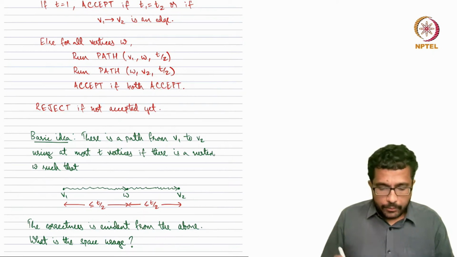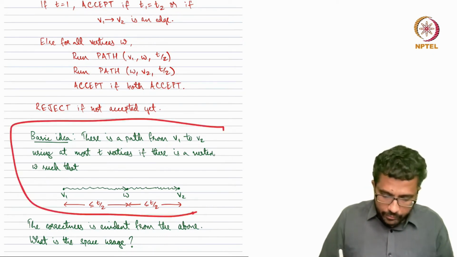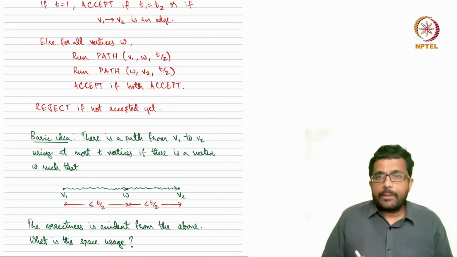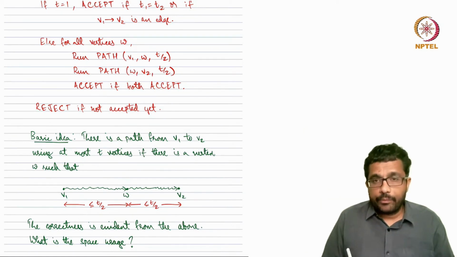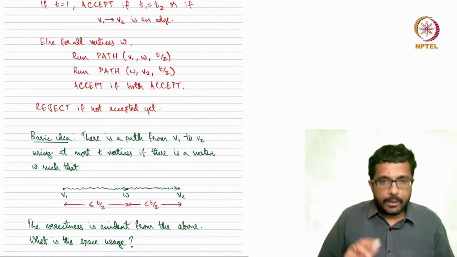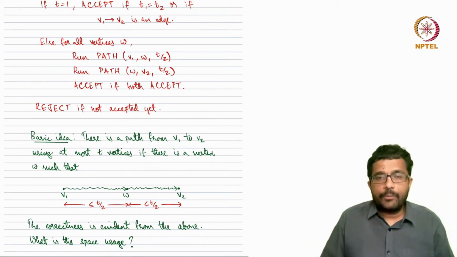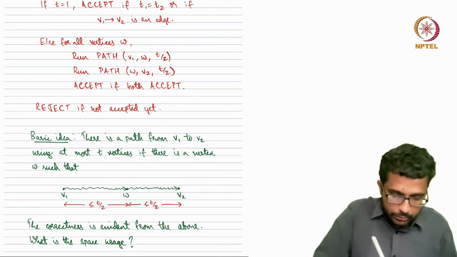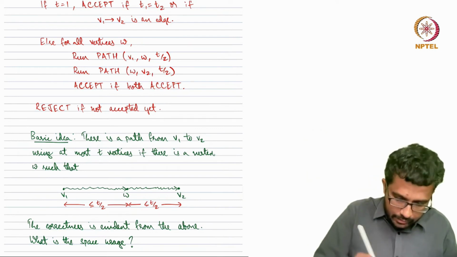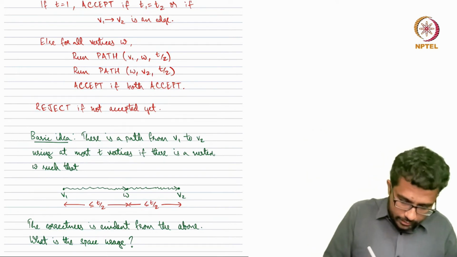So this is the basic idea. If there is a path from V1 to V2 using at most t vertices, then there should be a vertex W such that there is a path from V1 to W using at most t by 2 and W to V2 using at most t by 2. So maybe I'll just put this thing in a box.